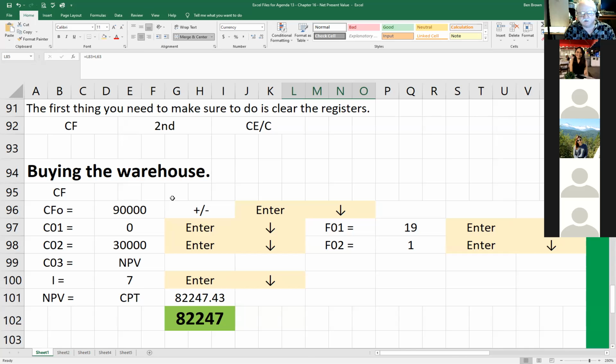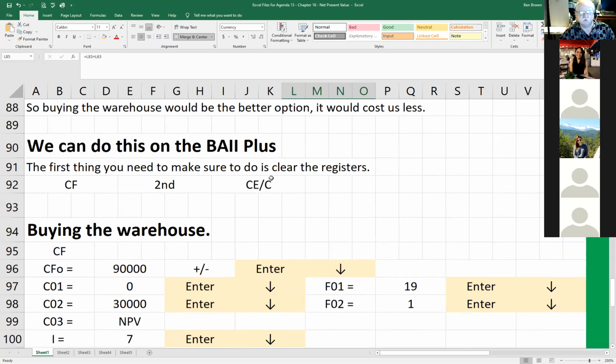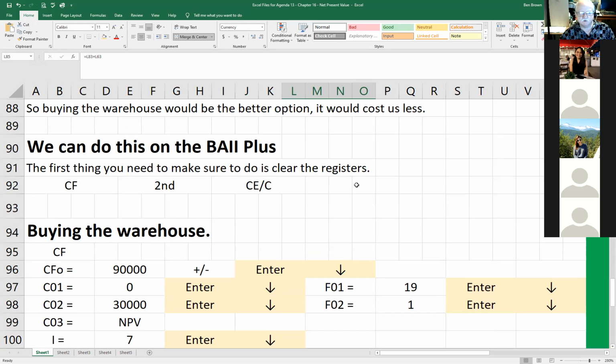And so we have to enter these cash flows that we've created here. So the first thing you want to do is go CF, second, and then clear. And this will clear the registers.